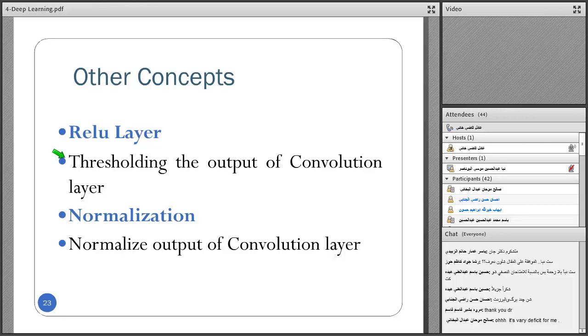So this is the ReLU layer, and then we have the normalization layer. In this layer we are normalizing the output of the convolution layer.